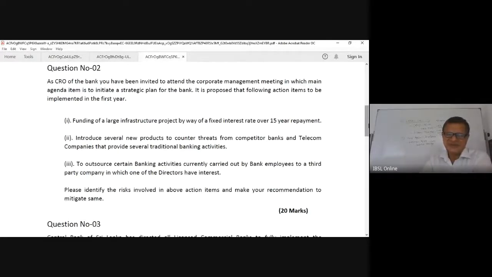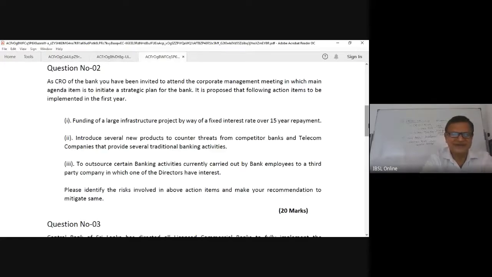So especially what we need is about strategic risk. If you mention that the mitigation technique as SWOT analysis and competitive advantage analysis, I would give full marks.